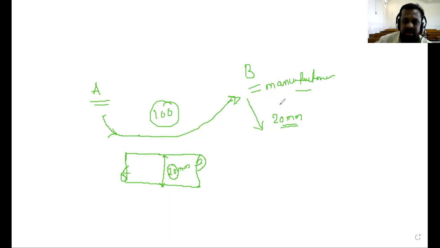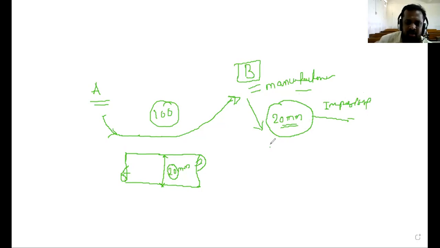There should not be any variation. Now tell me, is it possible for that manufacturer to prepare exact 20 mm diameter? It is impossible. Why is it impossible?